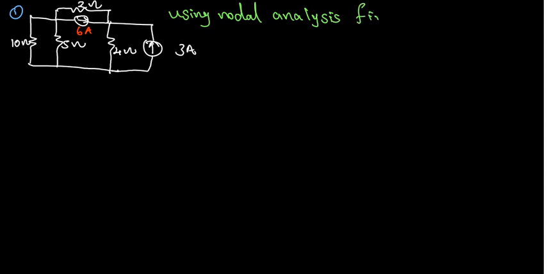Find the node voltages. So what are we going to do? First we need to put the reference node. I took this as my reference, that is equal to 0. Equal to 0 means the whole line is equal to 0, because there is no voltage source or current source.